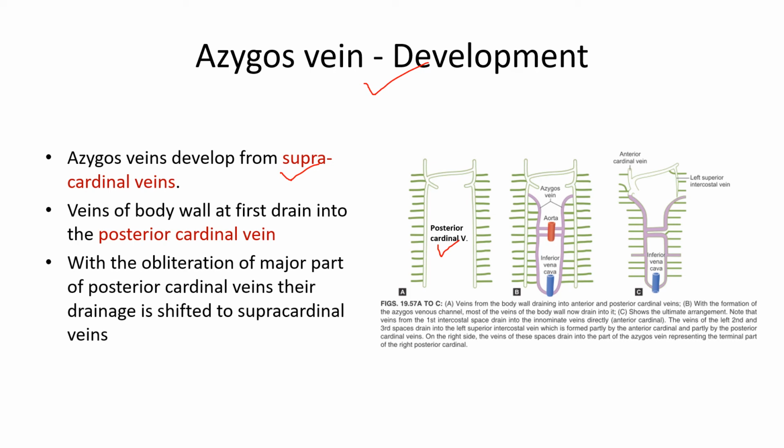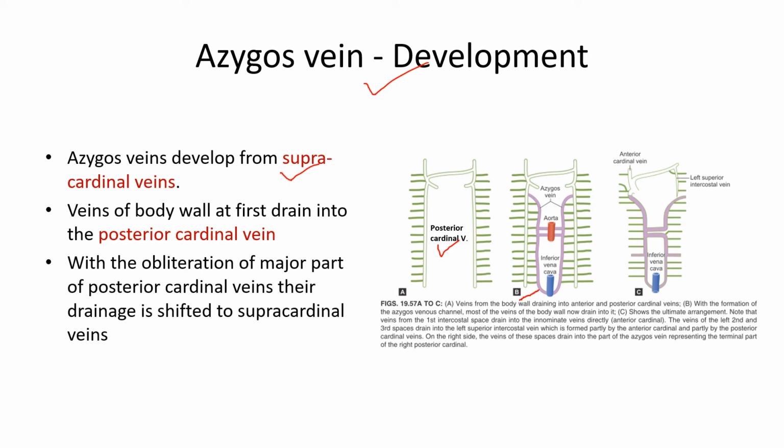So the drainage of the veins of the body wall will shift from the posterior cardinal vein to the supracardinal vein. The supracardinal vein becomes the azygos vein. So you can see the azygos vein from the supracardinal veins, which is connecting with the posterior cardinal vein in its cranial part.